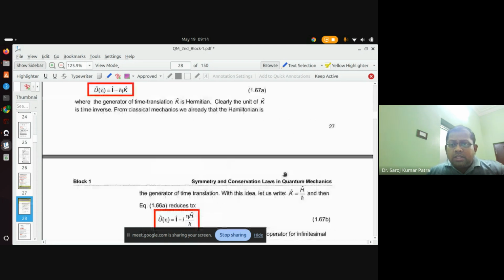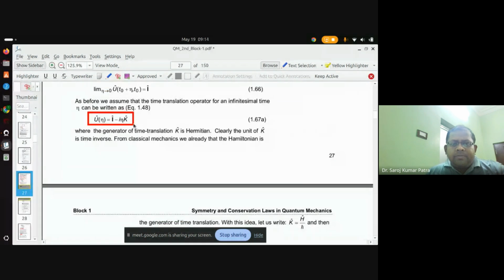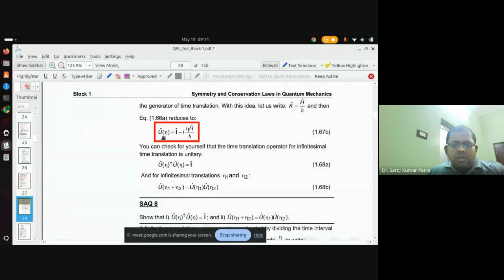So using that formula, k cap is equal to h cap by h cross, we get u eta is equal to I minus I eta h cap by h cross. You can check that the time translation operator for infinitesimal time translation is unitary.